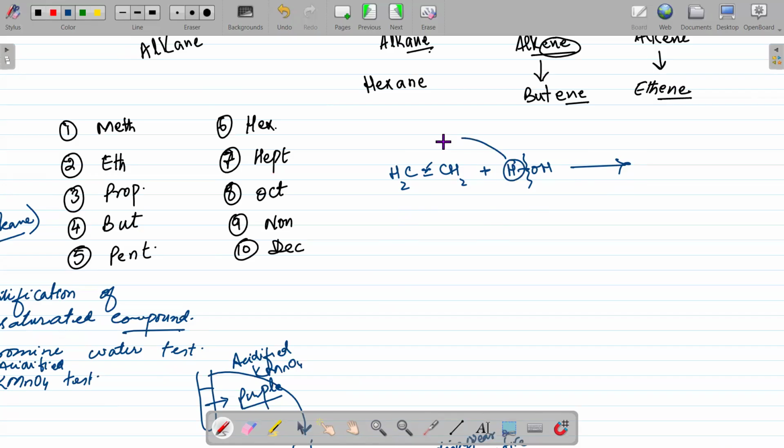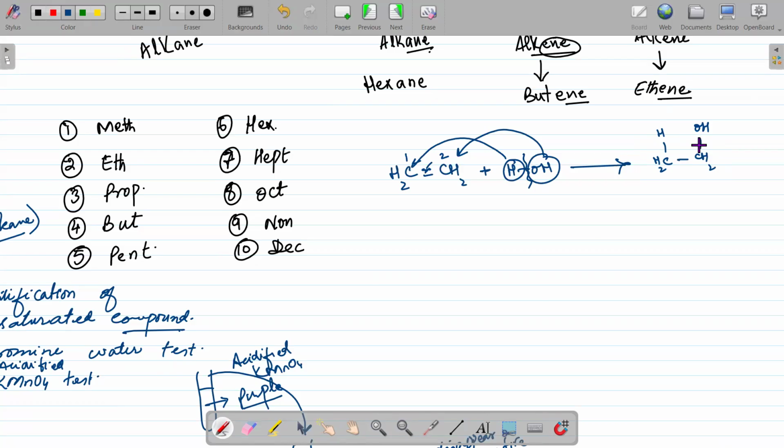Hydrogen goes to one carbon and OH goes to another carbon. Is it clear? So let's say hydrogen goes to carbon 1 and the OH group goes to carbon 2. So what we will get, CH2 has a hydrogen and CH2 gets the OH group.